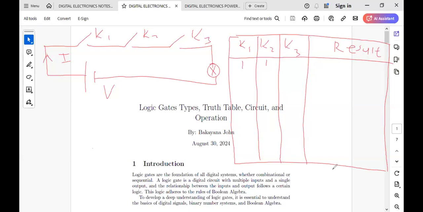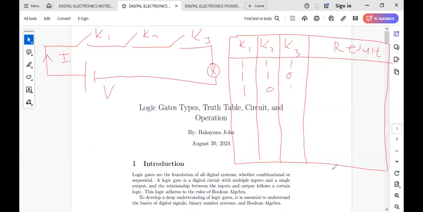Switch 1, they can all be open. You see that? Or one can be open, two open, this one is closed. Okay, let me repeat myself.